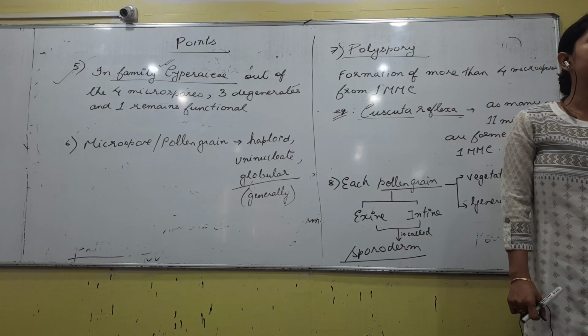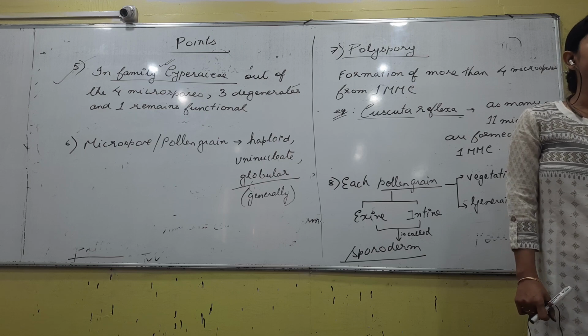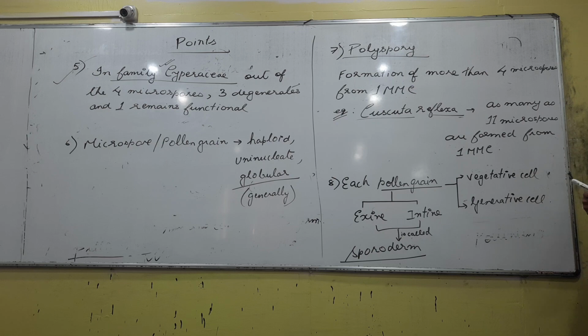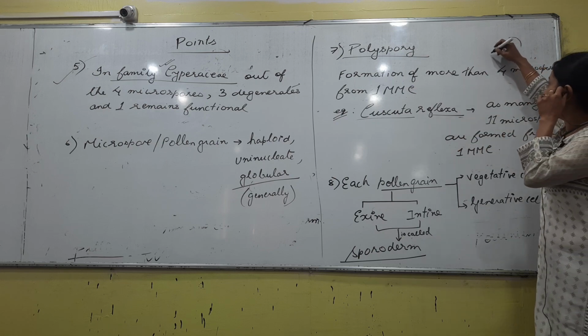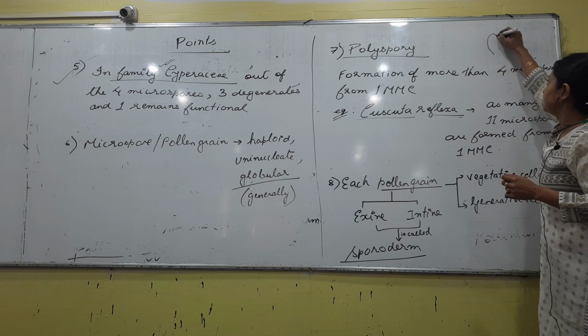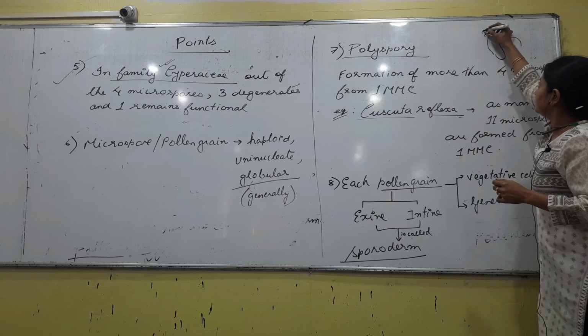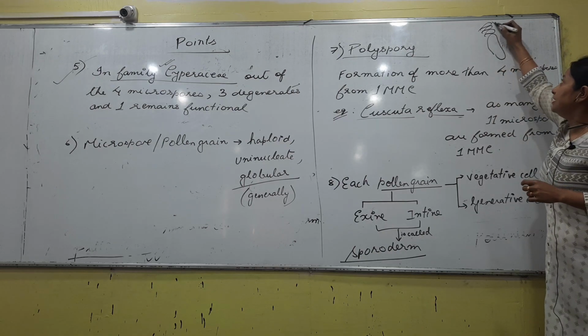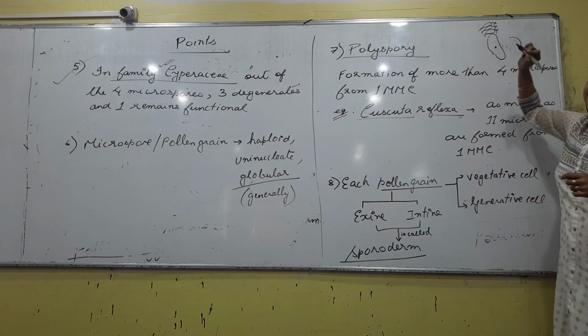In general, out of all the 4 megaspores, it is only 1 that remains functional and 3 degenerate. We have not done it here, but we will be doing it. Diagram, something like this. The 3 degenerate, and 1 remains functional.